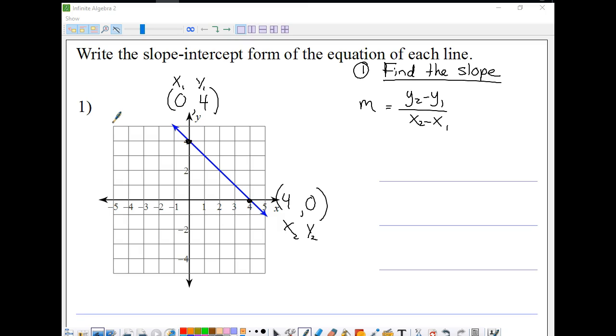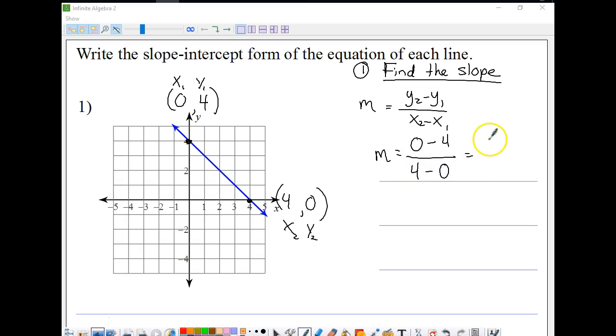All right, so here we go. y2 is what? y2 minus y1 over x2 minus x1.